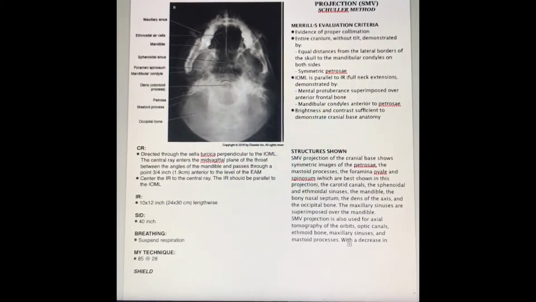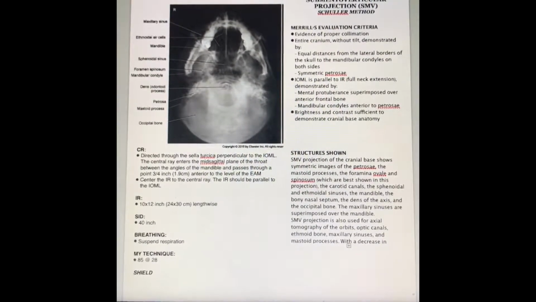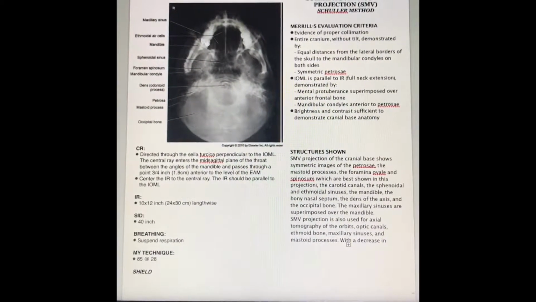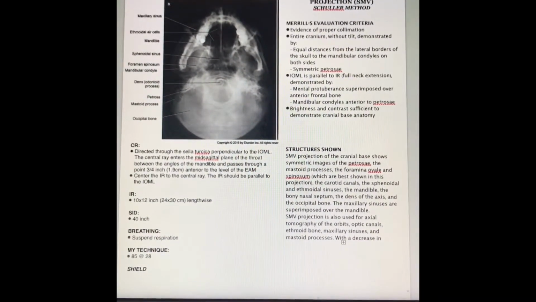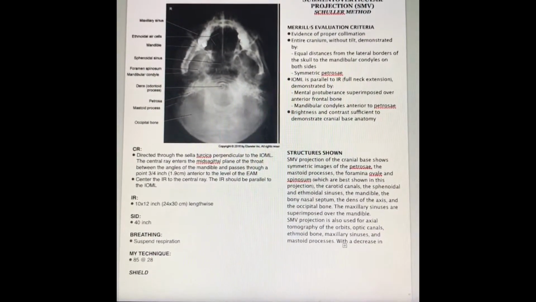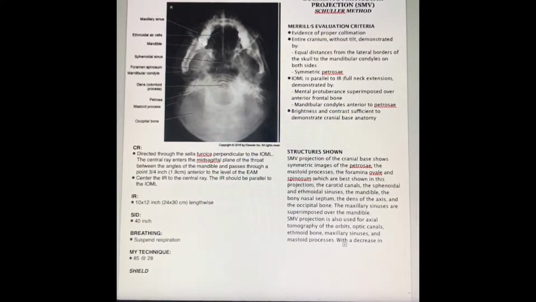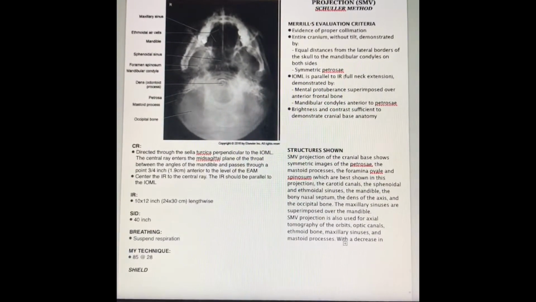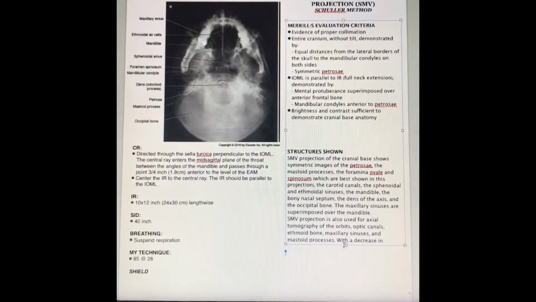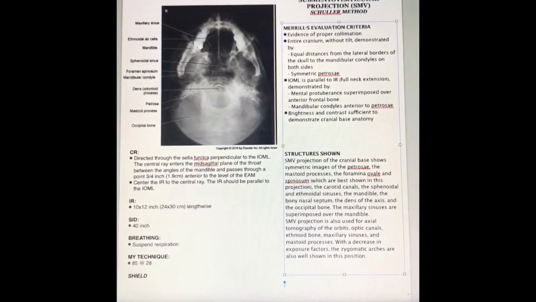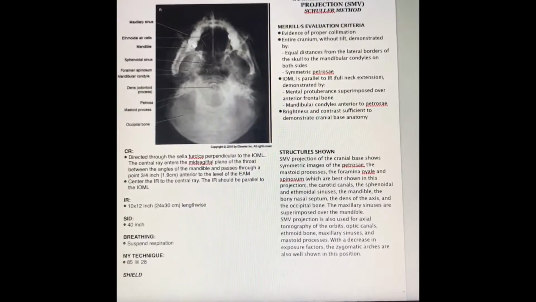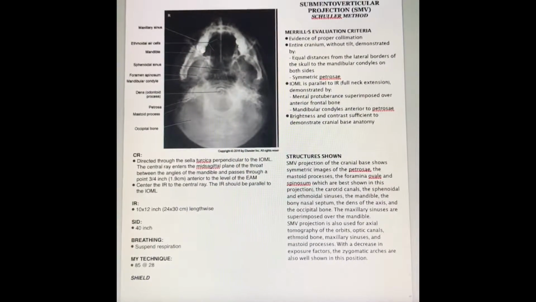The maxillary sinuses are superimposed over the mandible. SMV projection is also used for axial tomography of the orbits, optic canals, ethmoid bone, maxillary sinuses, and mastoid processes, with a decrease in exposure factors. The zygomatic arches are also well shown in this position.